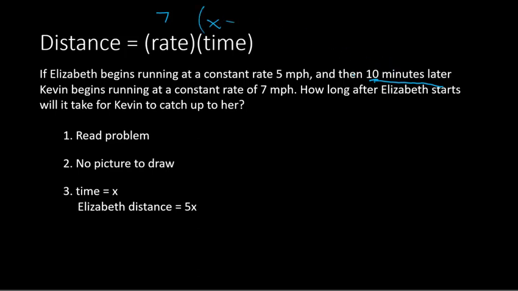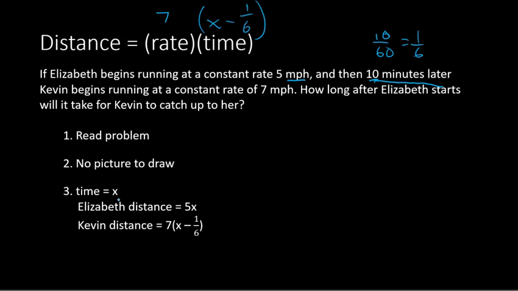But minutes needs to be put into hours because here we have miles per hour. So 10 minutes would be 10 over 60 of an hour, which is 1/6 of an hour. So the time was x minus 10 minutes, which is minus 1/6 of an hour. So Kevin's distance would be 7 times x minus 1/6.